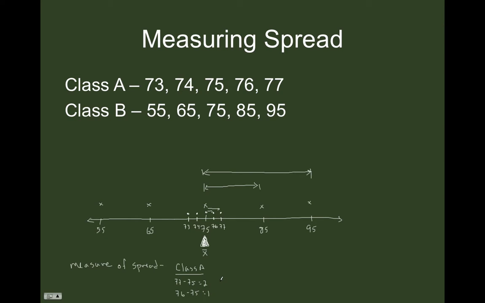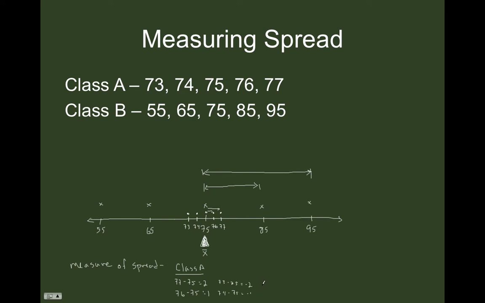Then on the other side, 73 minus 75 and 74 minus 75 would be -2 and -1 respectively. And notice 75 minus 75 would be 0.